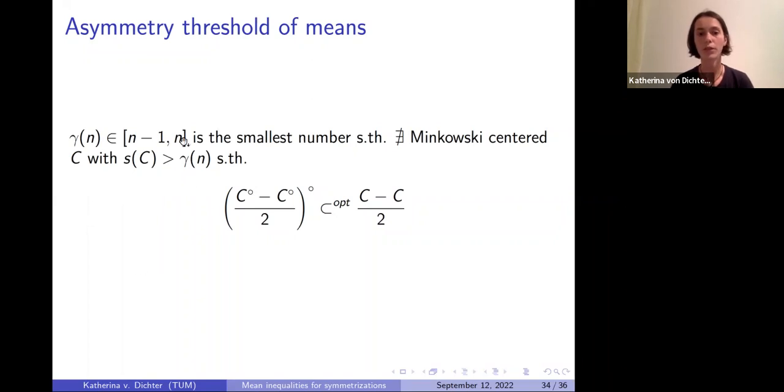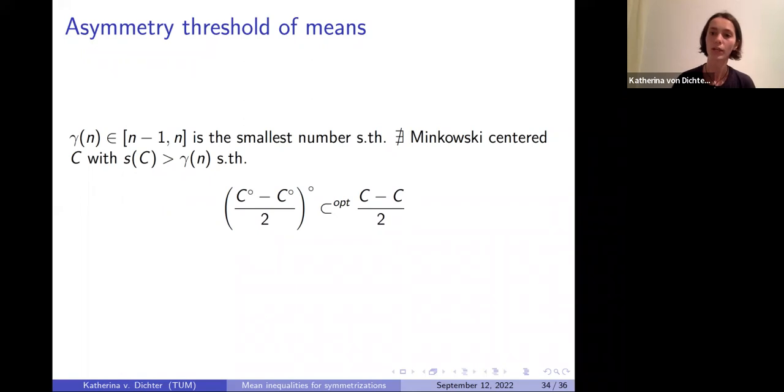For sure, we know that this must be smaller than n, because when s is equal to n, we have the case of the simplex, and we know that for the simplex, the means are not optimally contained in each other. But we also know that this value must be greater than n minus 1.